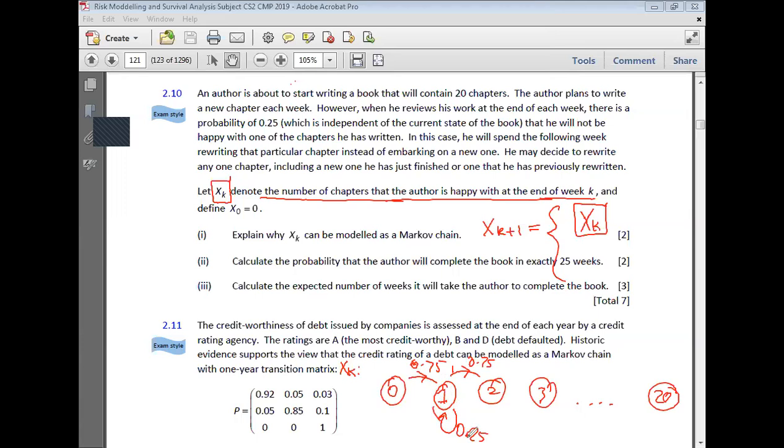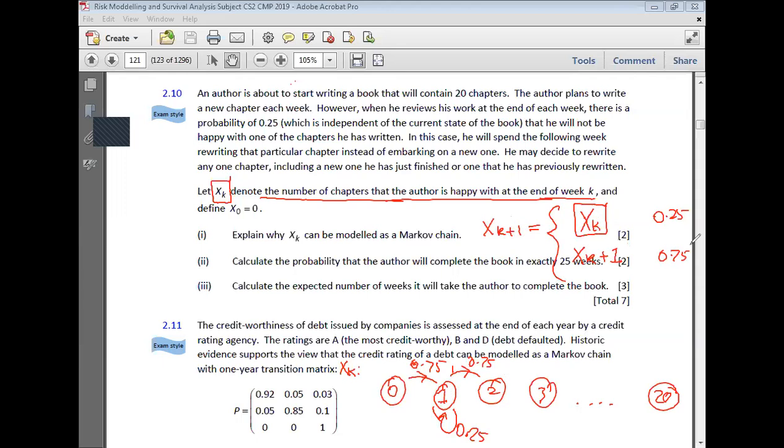Okay, so you see that my xk plus 1 can either be equal to xk. So my 1 can either be equal to 1 or my 1 can move to 2. So x subscript k plus 1 can also be xk plus 1. And the probability that these will be equal is 0.25, and the probability that these will be equal is 0.75, right?